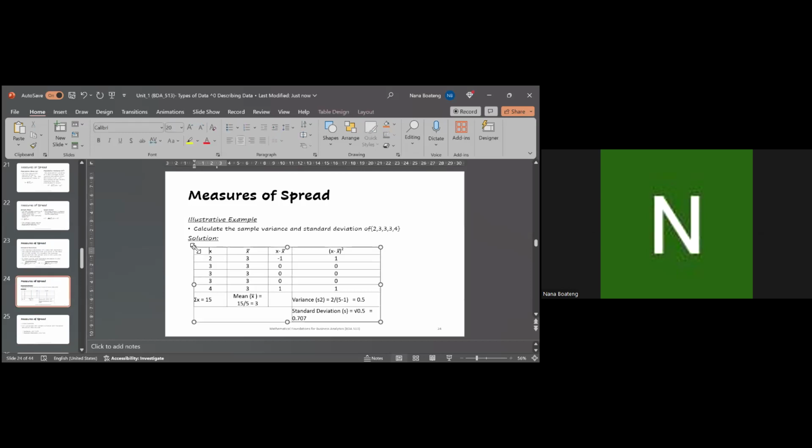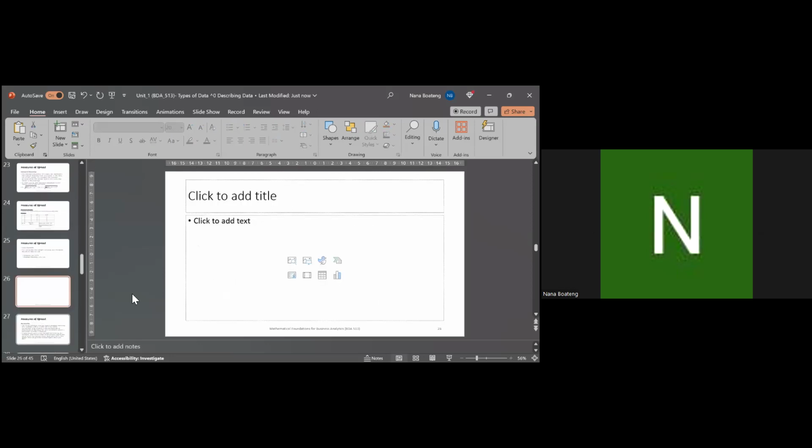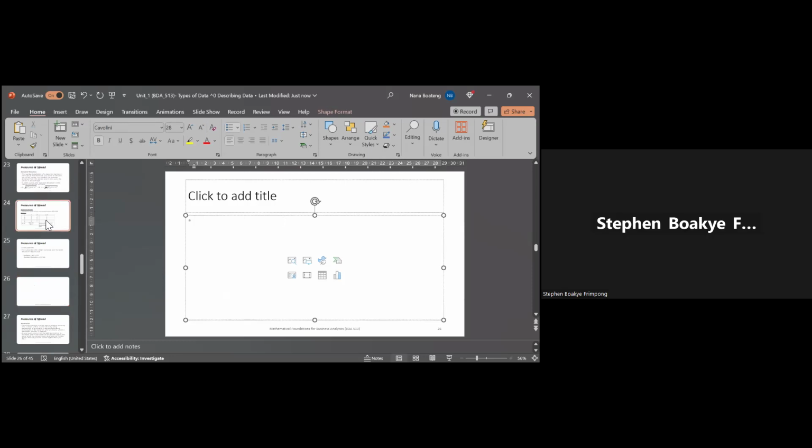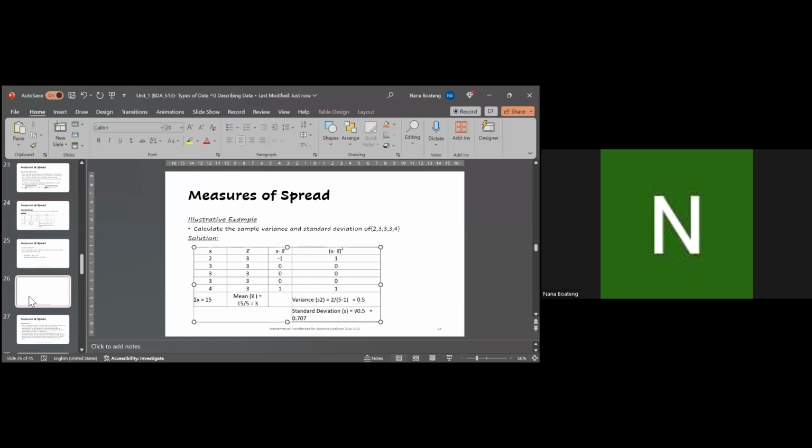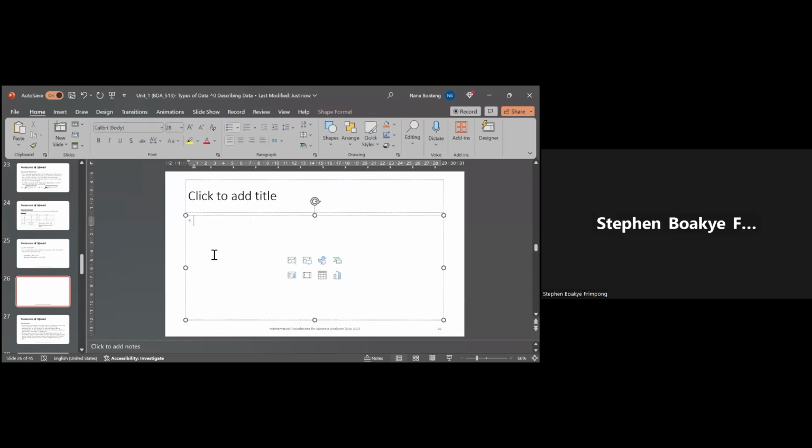Let me see if I can replicate this here. I also got something different. I also have 3.6 for the variance, and 1.867 for the standard deviation. Okay.